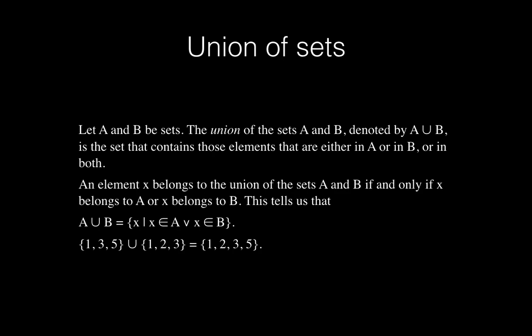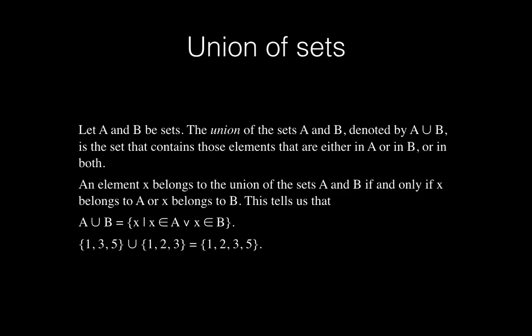So for example, let A and B be sets. Let A be the set of computer science majors, and B be the set of the mathematics majors. So the union of the sets A and B, denoted by A union B, where the union symbol in mathematics is denoted by capital U, is the set that contains those elements that are either in A or in B or in both.